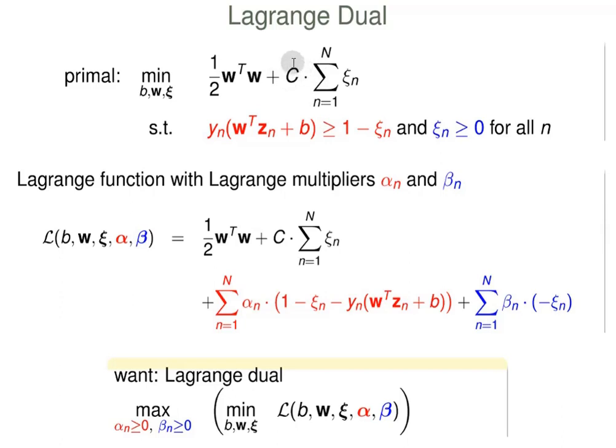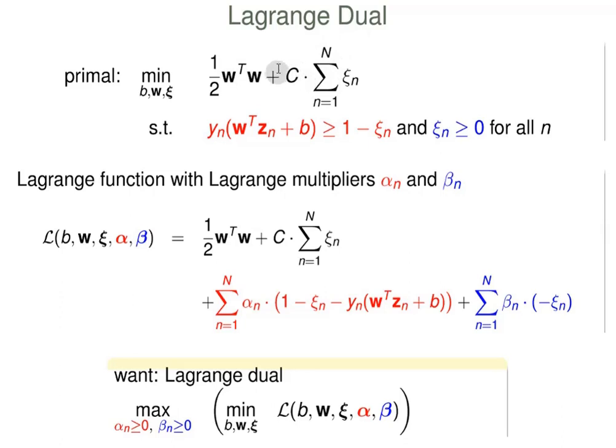Also note that when C is large, it means we care more about violating the margin, which gets us closer to the hard margin SVM. When C is small, on the other hand, we care less about violating the margin, and by choosing C appropriately, we get a large margin hyperplane with small effective VC dimension and with a small amount of margin violation.